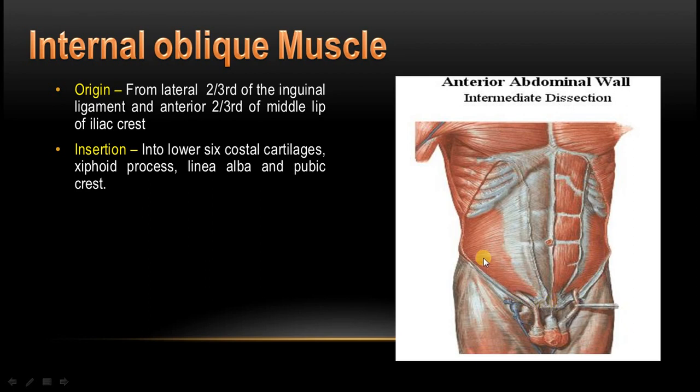They insert into the lower 4 ribs, xiphoid process, and pubic crest, through an aponeurosis again to the linea alba.